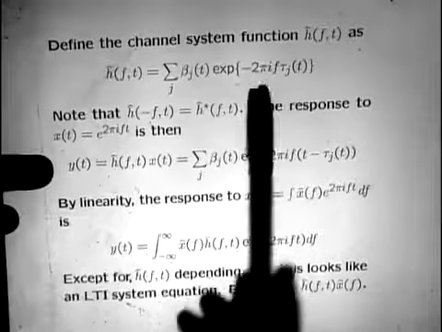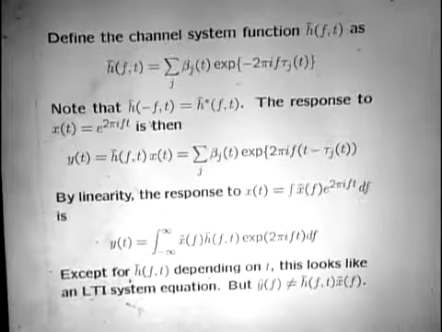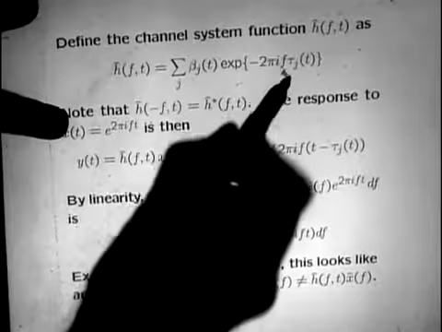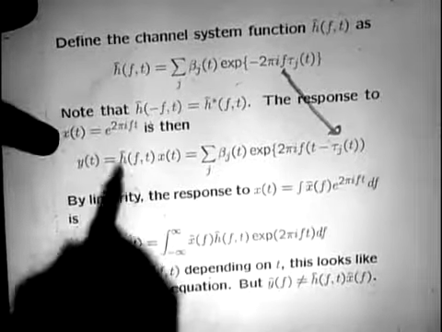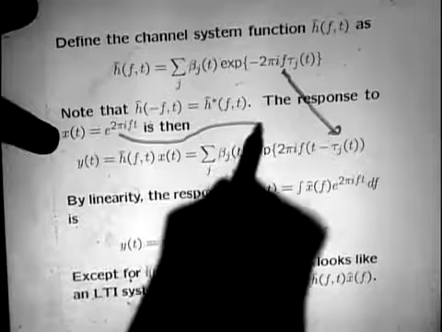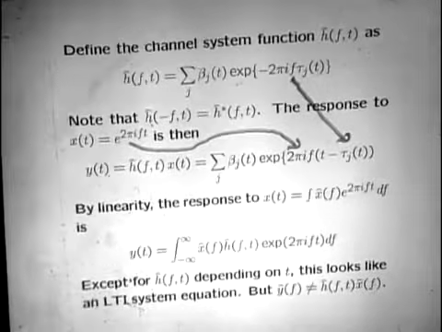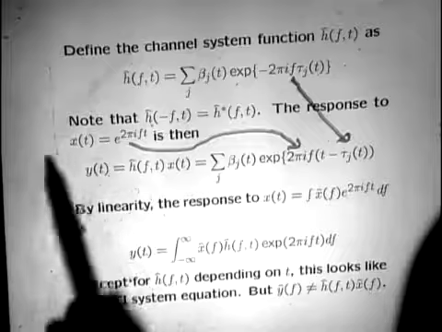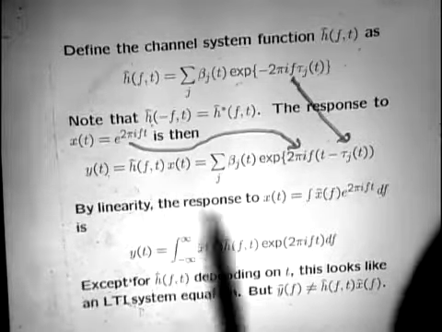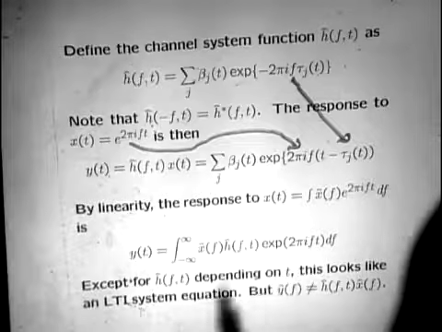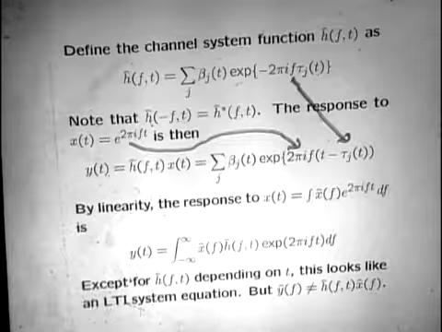Here's the minus 2 pi i f tau. That's that term coming down there. And here is the e to the 2 pi i f t coming down here. So both this term and this term are included in this system response term.